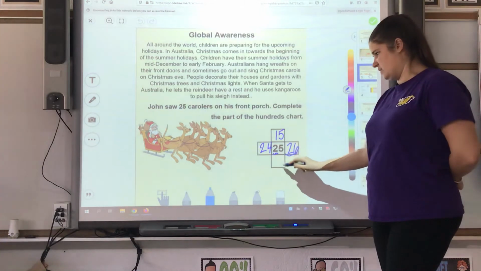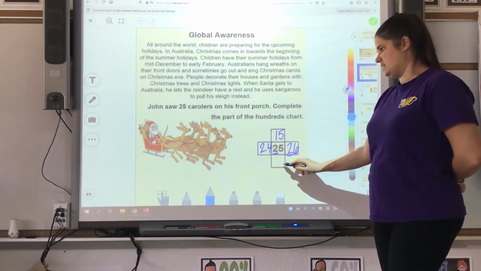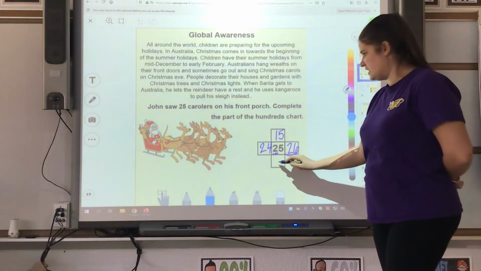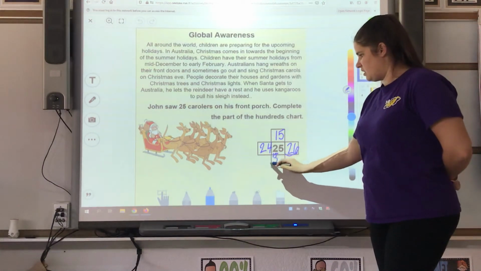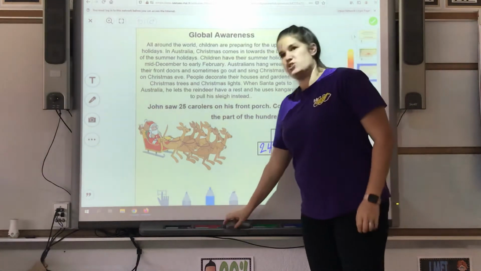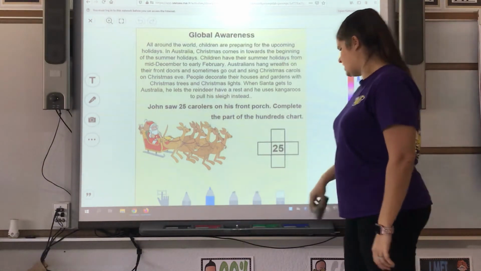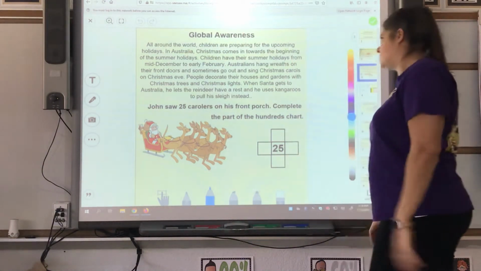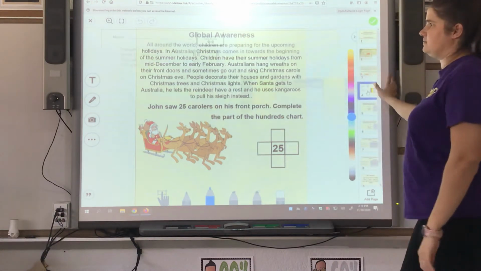And 25 plus 10, I'm going to look at that tens digit and increase it by 1, giving me 35. When you have a hundreds chart at home, it's very, very helpful when you're working with plus 1, minus 1, plus 10, minus 10.